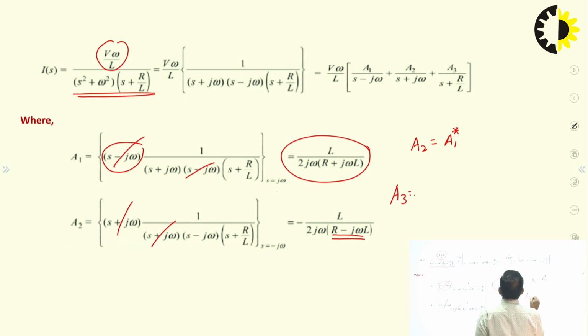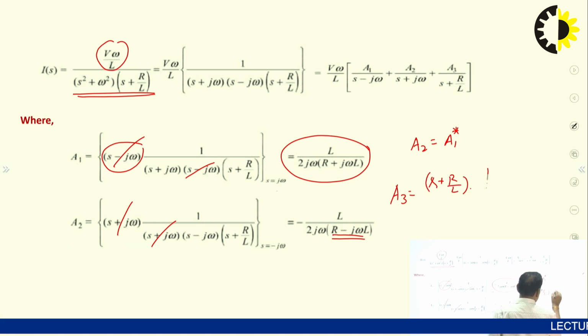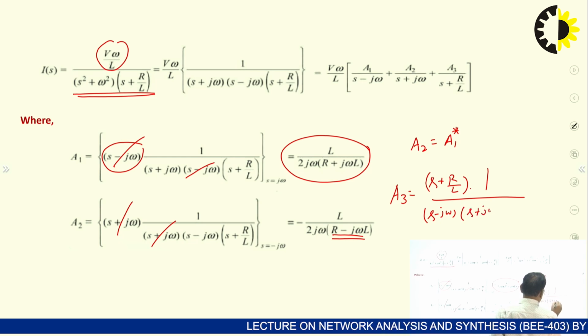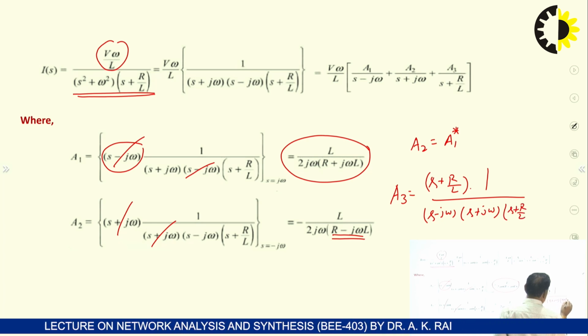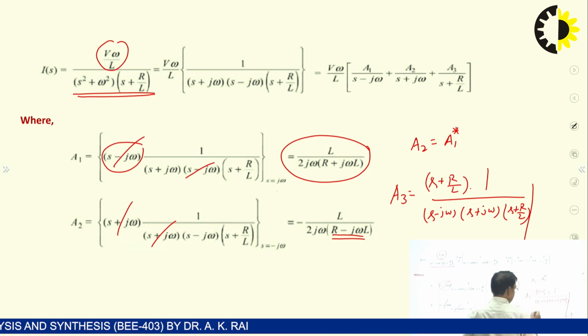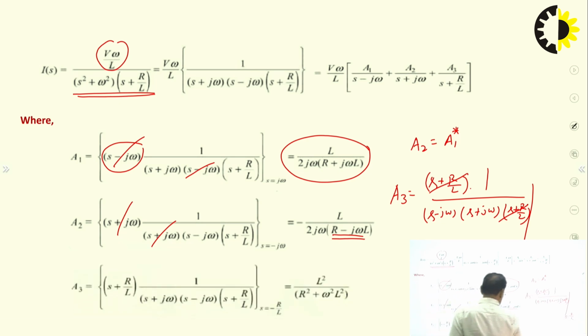For A3 we take s plus R by L into 1 upon s minus j omega into s plus j omega into s plus R by L, at s equal to minus R by L. First this and this cancel out, and now put s equal to minus R by L, and we can get this. So this is the value of A3.